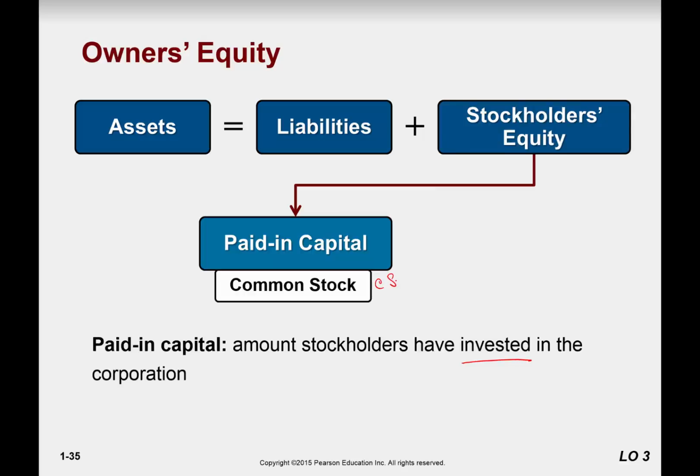So we might have common stock, and then the par value, which is just an arbitrary amount of common stock, may be $1, but you might have paid $100 for it. So in that case, your additional paid-in capital will equal 99. The $1 par plus your 99 equals the 100 that you paid. So this is your par value, and this is your additional paid-in capital.